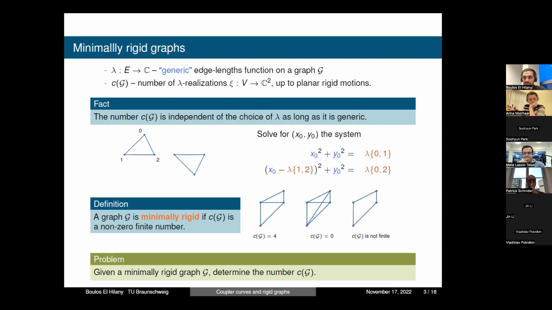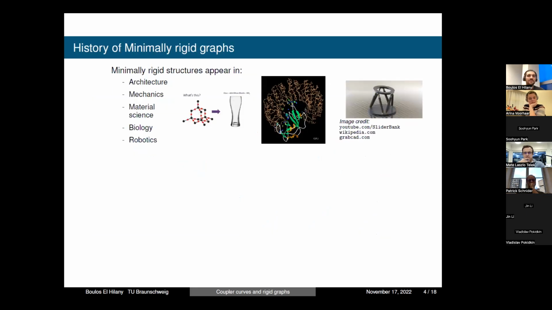Anyway, if there are any questions, please do interrupt. So minimally rigid graphs, the story starts from many applications. These appear in architecture, mechanics, material sciences, biology, robotics.